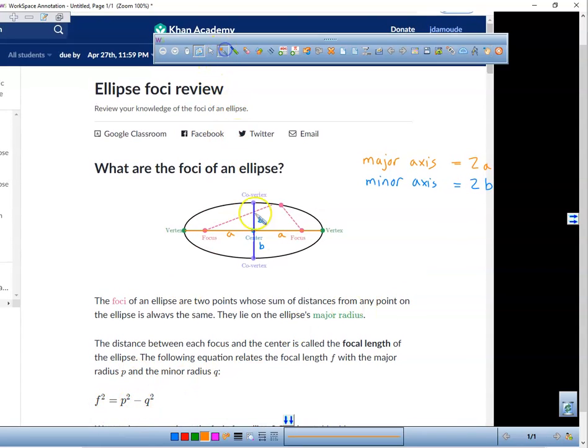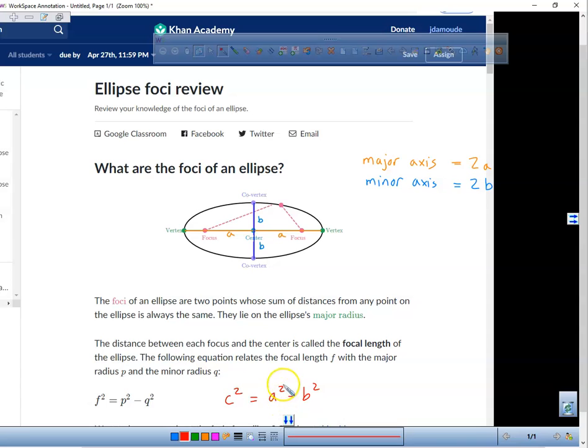Now I've given you this equation, except it wasn't f squared equals p squared minus q squared. It was c squared equals a squared minus b squared. So that's what we used earlier. I want you to understand it's the same formula.